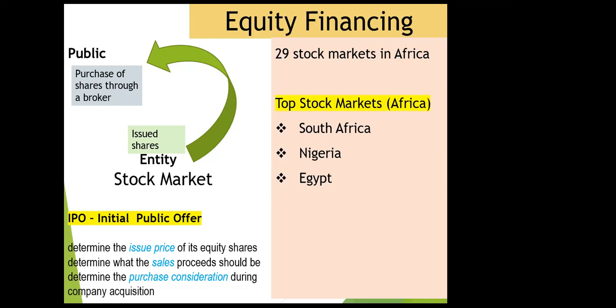Now, depending on the issue price and the quantity that you are going to offload on the market, you will be in a position to determine the total sales proceeds that you raise once all those shares are cleared on the stock market. The first time of issuing these shares is usually known as the initial public offer.